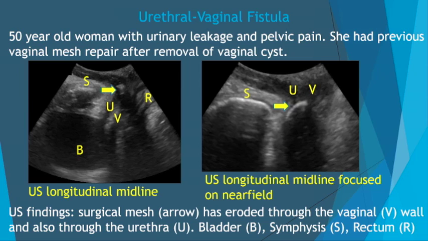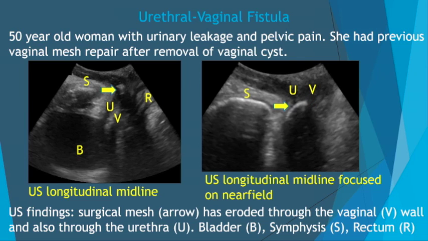This next patient had urinary leakage, and when we did the transperineal exam, we noted that there was a suburethral sling. This is the urethra, with the vagina just behind. When we looked at it closer, in this close-up shot, we noticed that unfortunately this sling had actually perforated the urethra into the vagina, and so had caused a urethrovaginal fistula.